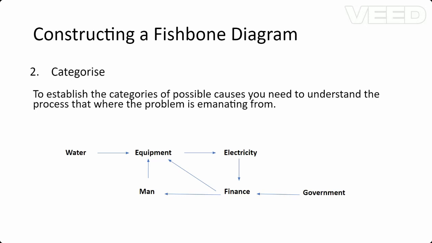There is water running the turbines, and there is man managing the equipment and the way the water is running the turbine. So this is just a basic example for electricity power generation. Within that process, there is also finance. There is finance which is needed to acquire or maintain equipment.